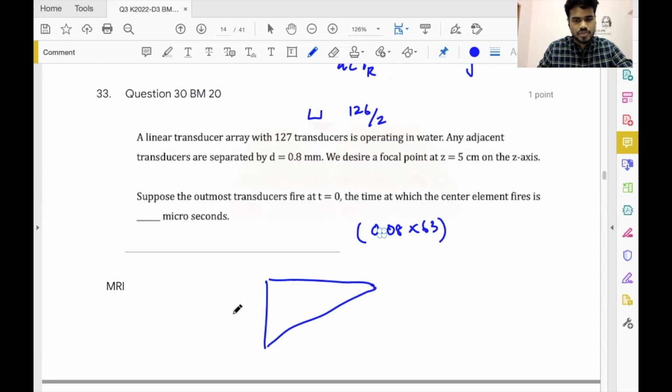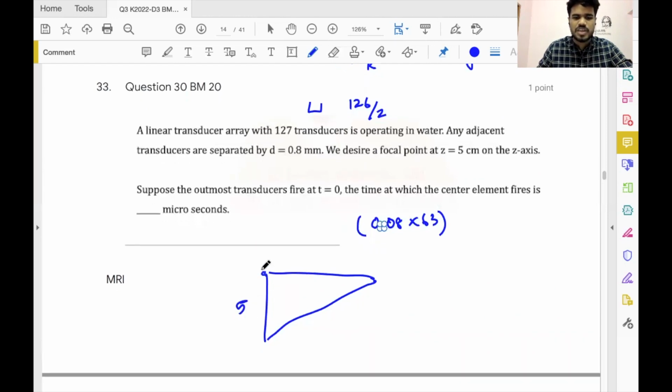Okay. So focal point at a z-axis of 5 centimeters. We assume that to be directly beneath the center transducer. So this is R0. We have R63 here. So this is 0.08 into 63. This conversion is correct: 0.8 mm, 1 mm is 0.1 centimeters.